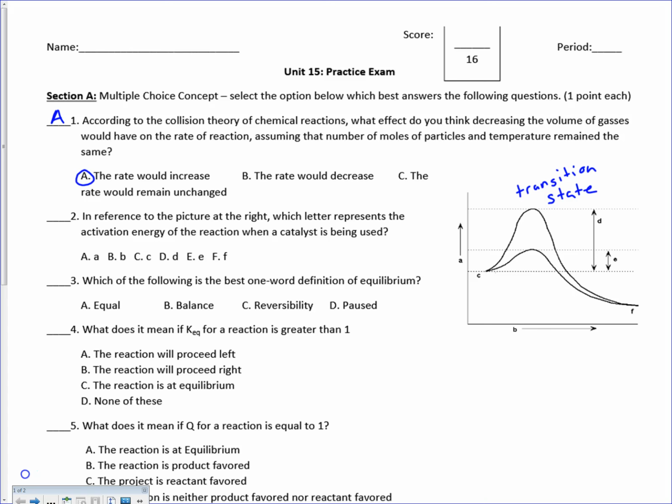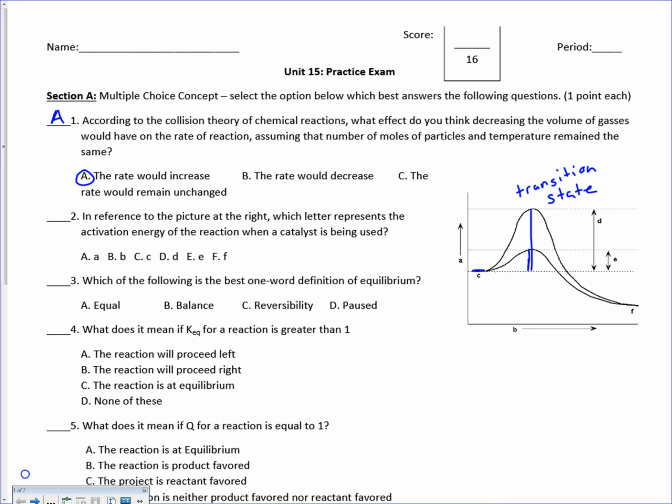This says, which one of these represents the activation energy when a catalyst is being used? Well, there are two different activation energies. One of them is going from here up to here, where the reactants start, up to the transition state. That's the less stable transition state, and so it takes a lot of energy. The smaller one is just going from the reactants up to that smaller hump.